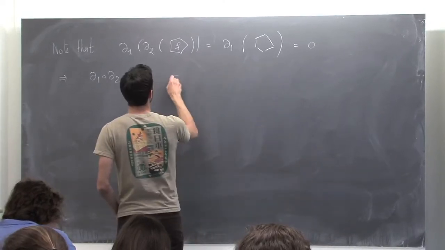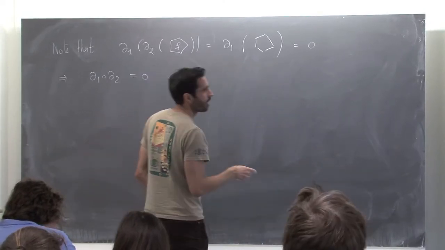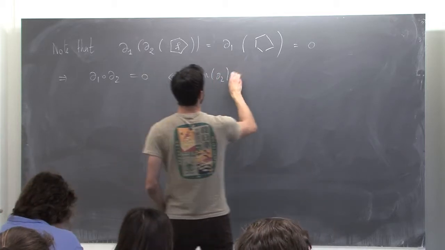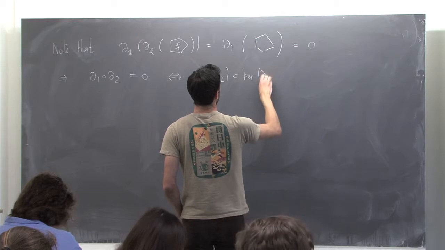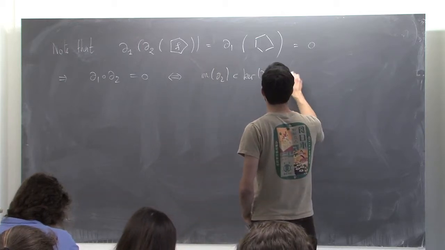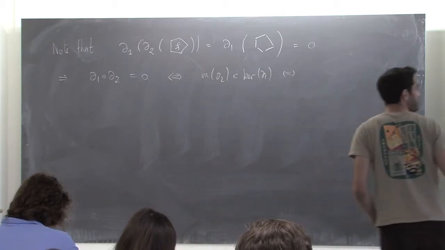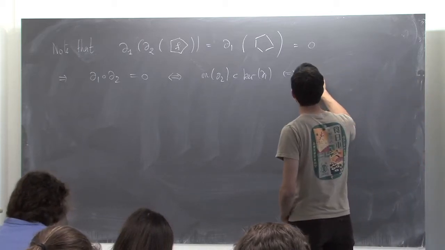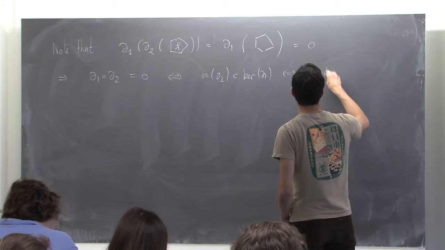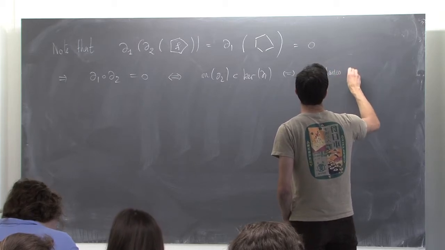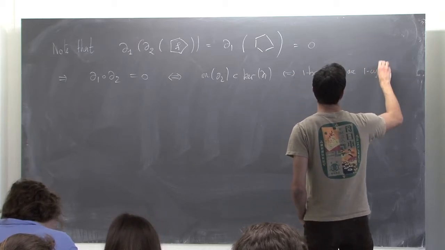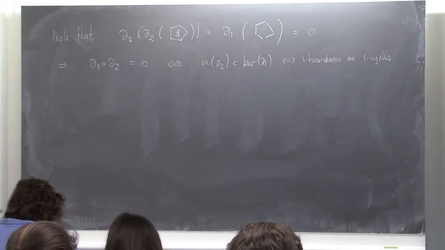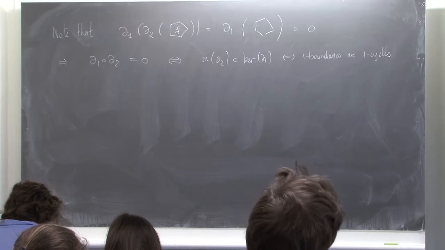This is equivalent to saying that the image of delta 2 is included in the kernel of delta 1. And by definition, this means that 1-boundaries are 1-cycles. If you bound a collection of faces, then you are a cycle.